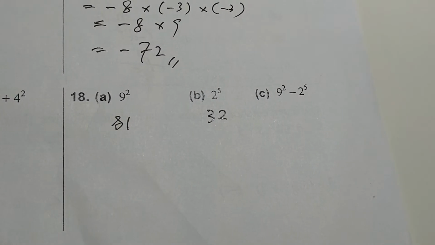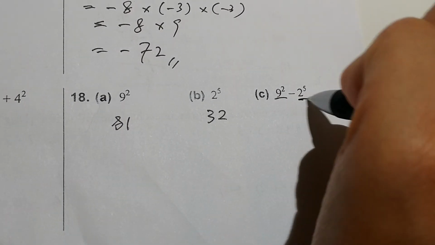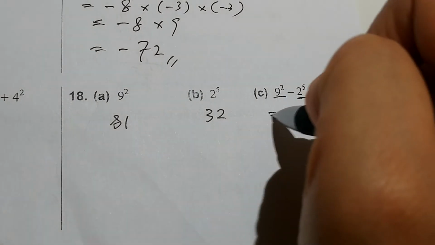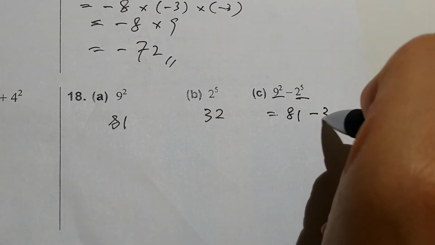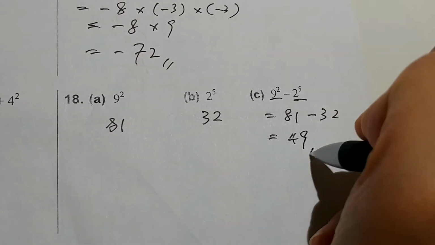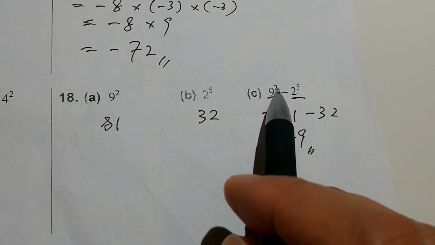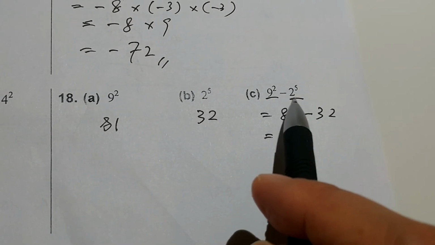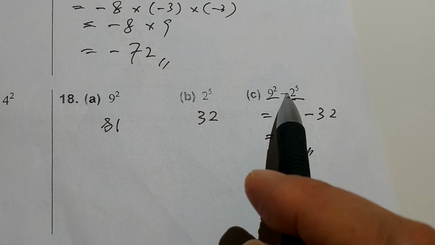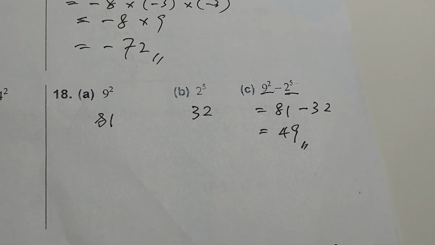That is 32. So 9 squared minus 2 to the power of 5 means 81 minus 32. So if you find that two numbers are minus together, you have to calculate each number first. So can you do number 70?